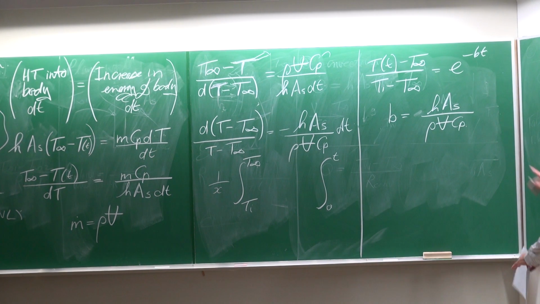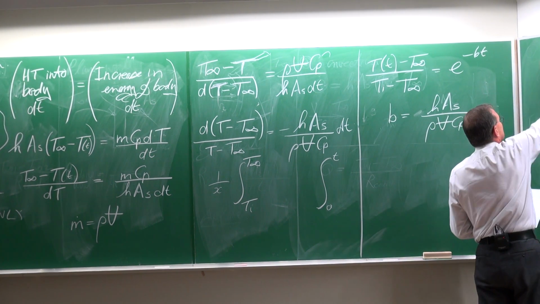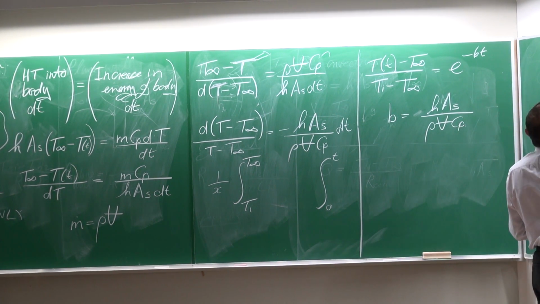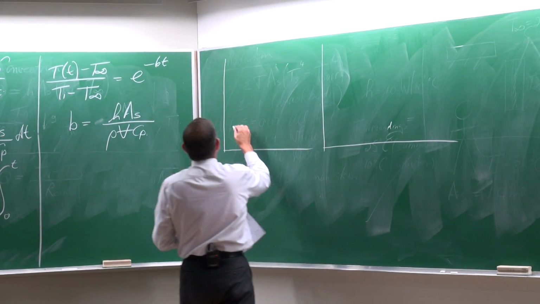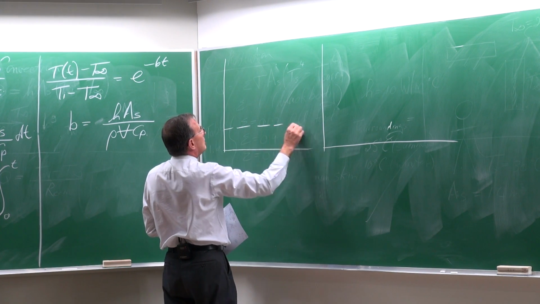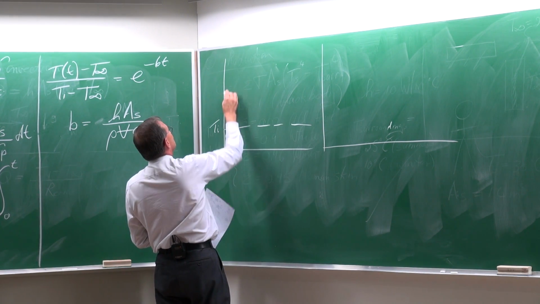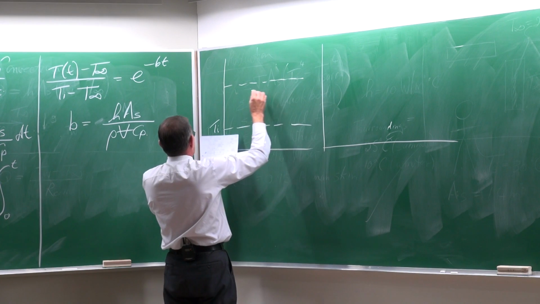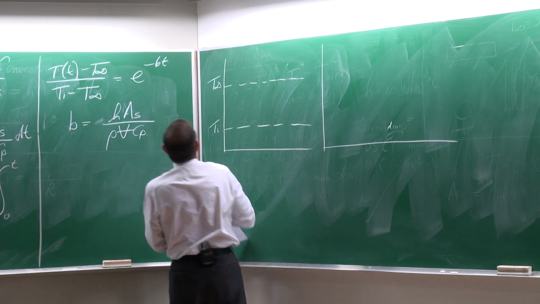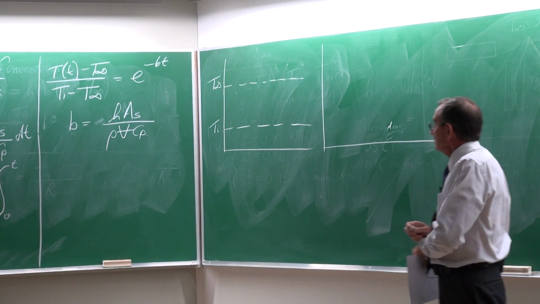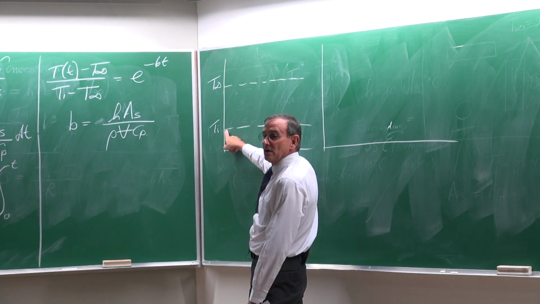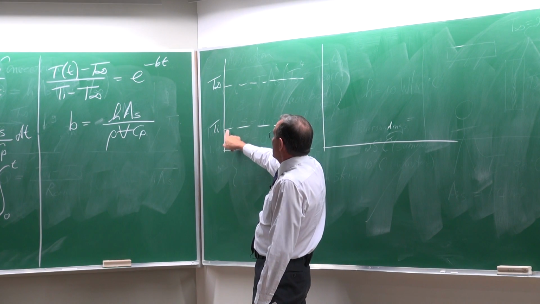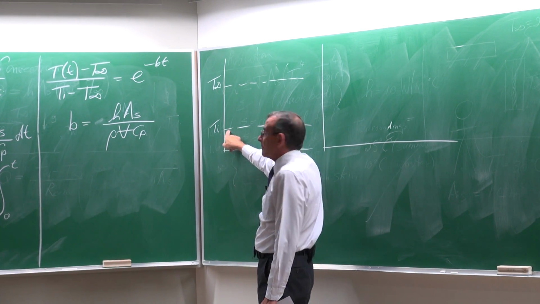So the possible solutions of that equation is always one of two, between the initial temperature and the environment temperature. Let's suppose the environment temperature is larger than the initial temperature.